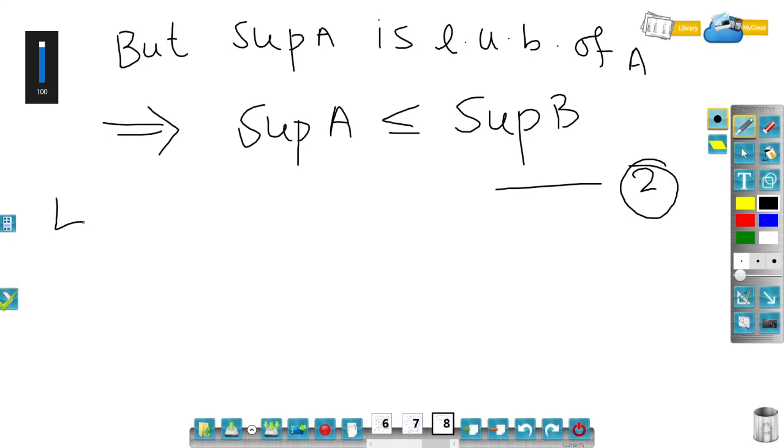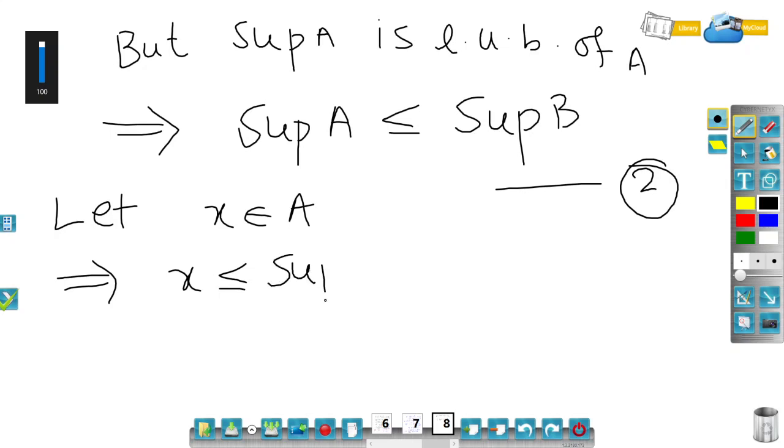So let x belong to A. That would imply x is definitely less than or equal to the upper bound. The upper bound of A is supremum of A. And x is definitely greater than or equal to the lower bound.